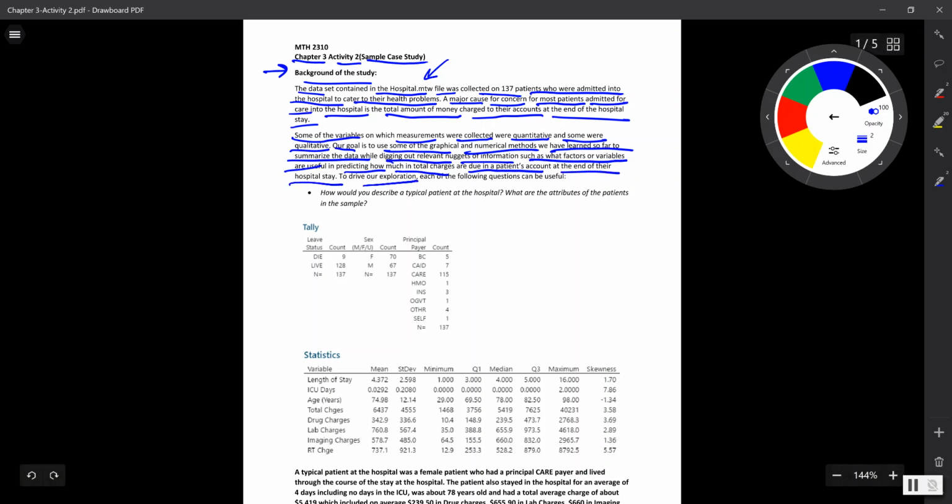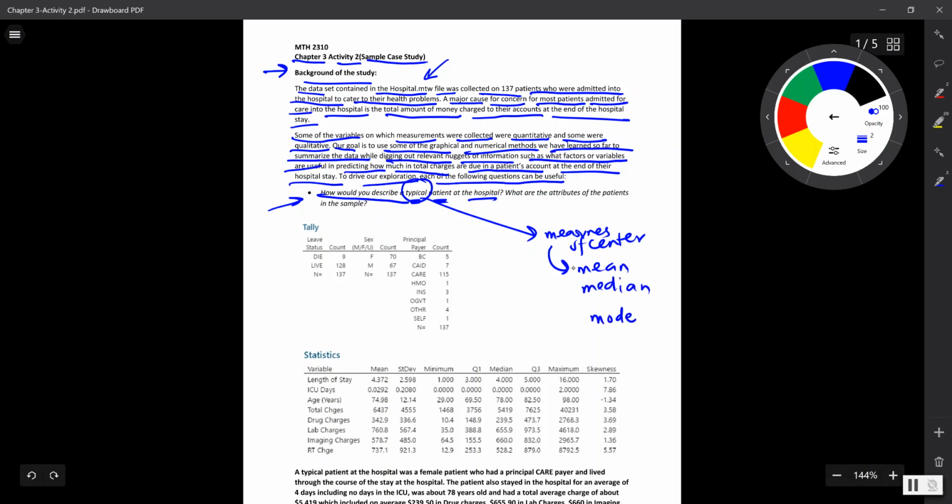Now, in order to drive our exploration, each of the following questions will be very useful in driving our analysis. First, how would you describe a typical patient at the hospital? Remember, when we use the word typical, we're talking about measures of center. And the 3 measures of center we have mentioned in the previous video are the mean, the median, and the mode.